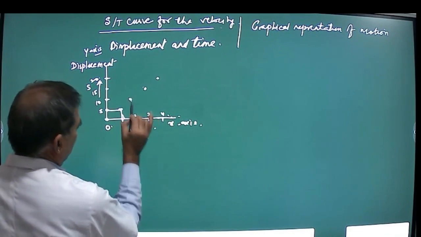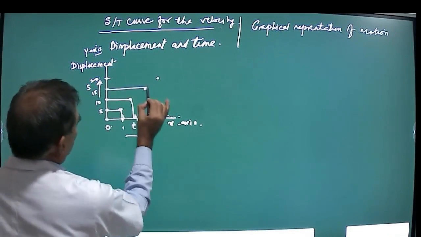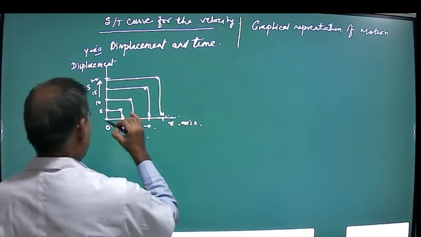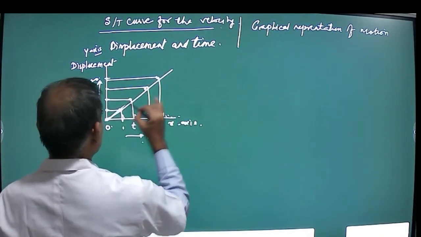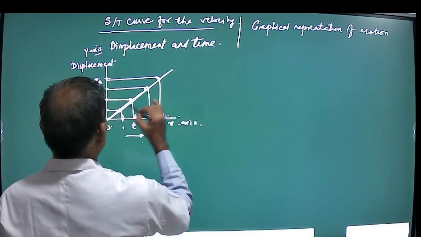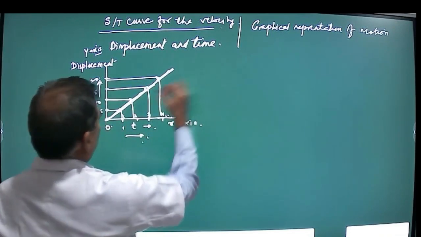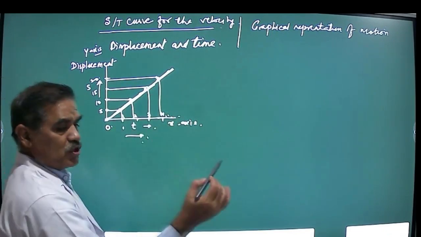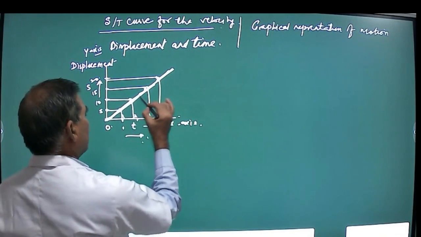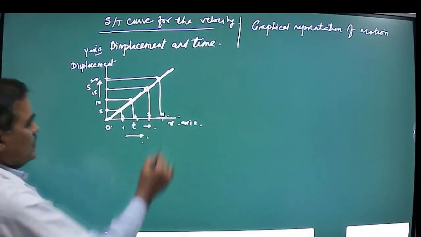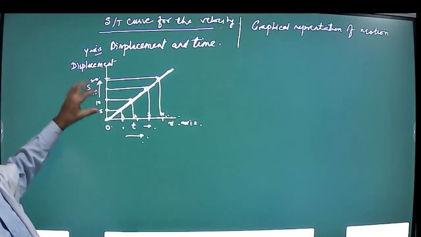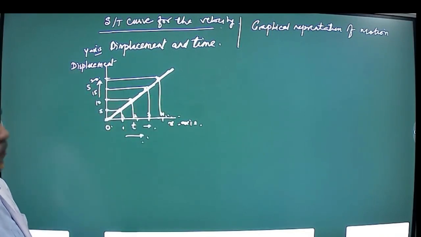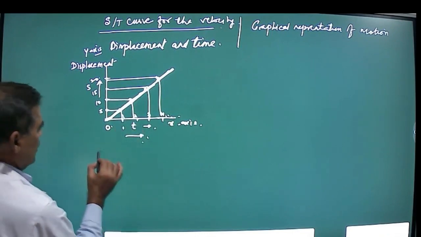So the curve will become like this way, with a constant slope. इसका जो झुकाव है वो बराबर नियत रहेगा. In this case, equal distance is covered by the object in equal intervals of time. Such motion is known as uniform speed.